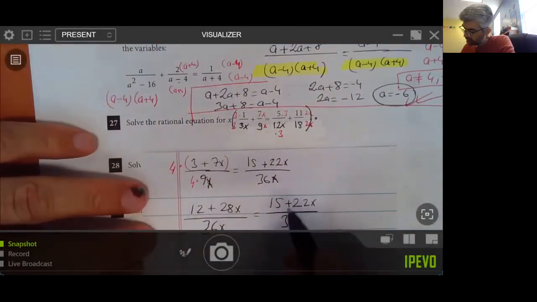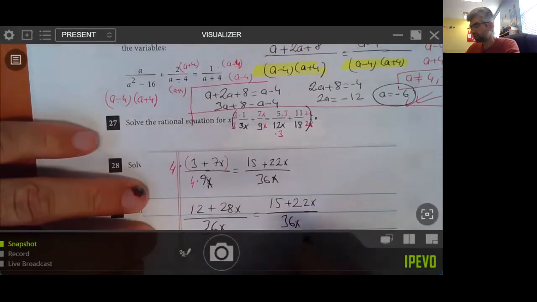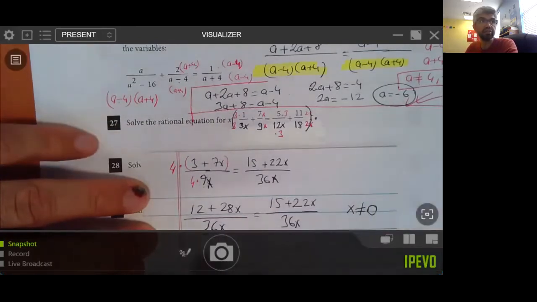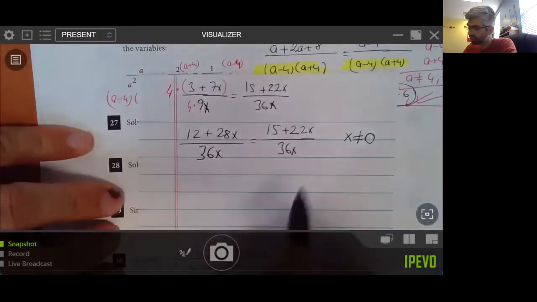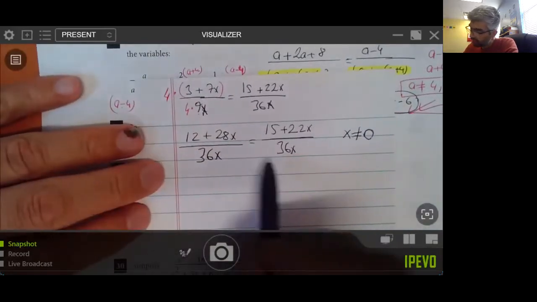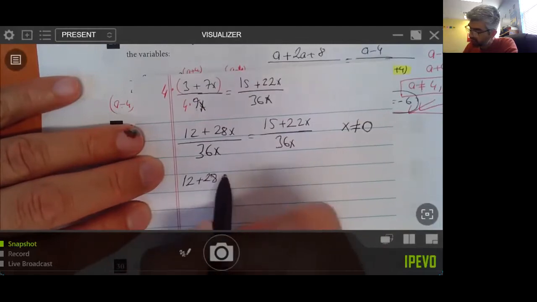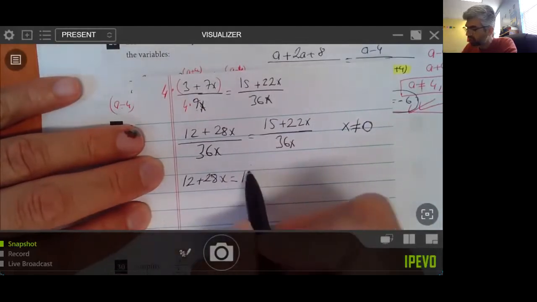And here, fractions are equal, denominators are equal. We ignore the denominators, but we have to write x must be different than 0, the 0 of the denominator. And then I write the numerators equal to each other, and I solve it for x.